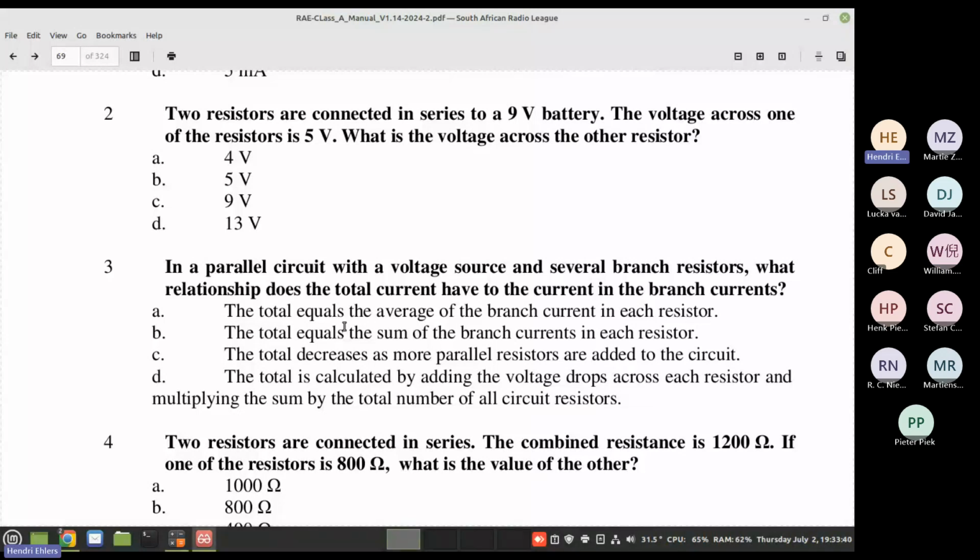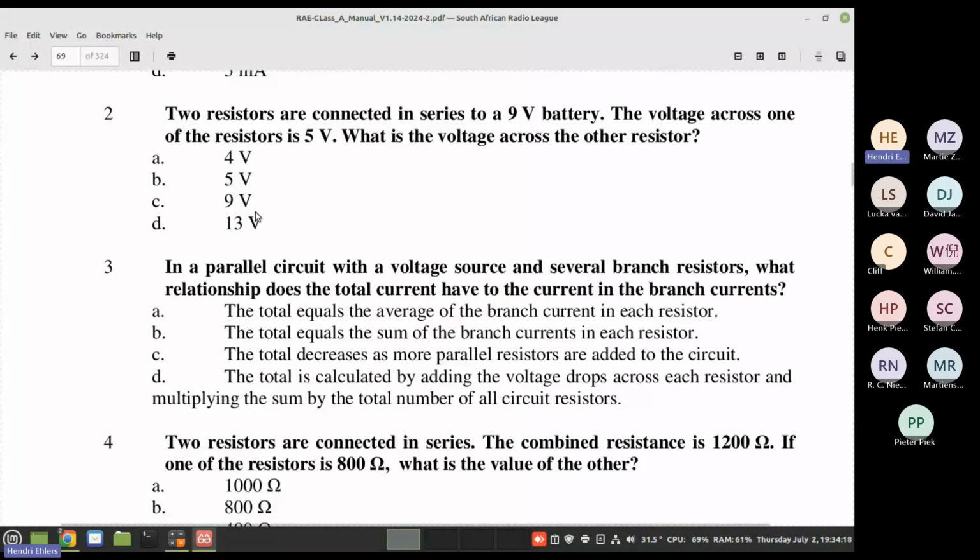In a parallel circuit with a voltage source and several branched resistors, what relationship does the total current have to the branch currents? Okay, we said the total that goes in on the one side is the total that comes out on the other side, and they branch between the resistors.